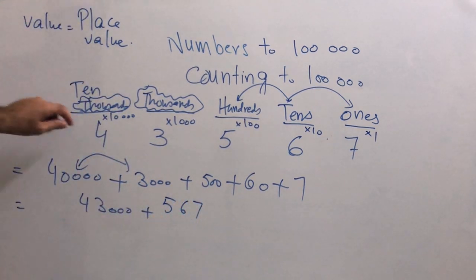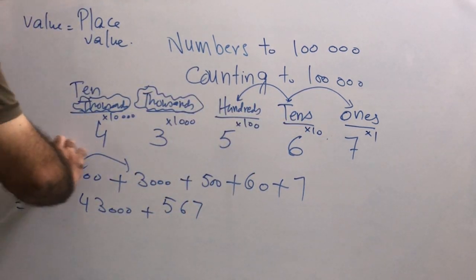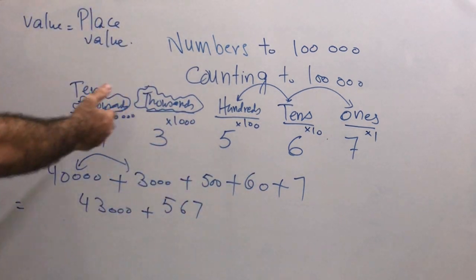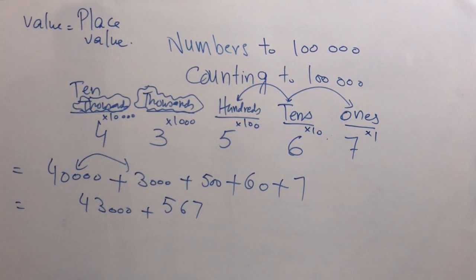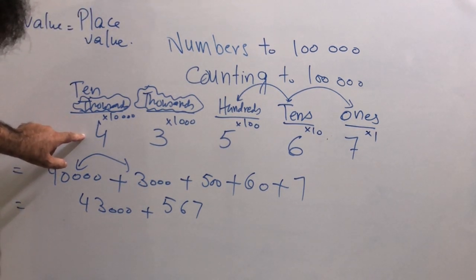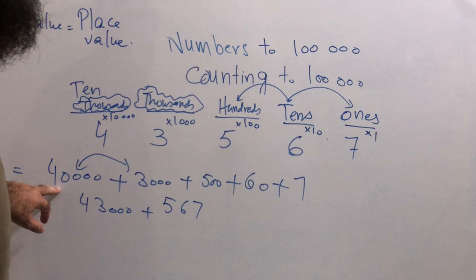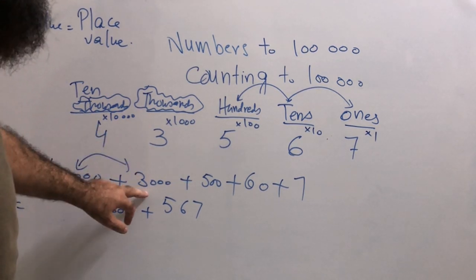Okay, so this number can be written like this, and this number also can be written like this. Okay, both ways are correct. So here they say that the digit 4 is in the 10,000 place. It stands for 40,000. Its value is 40,000. The digit 3 is in the 1000 place, its value is 3000.